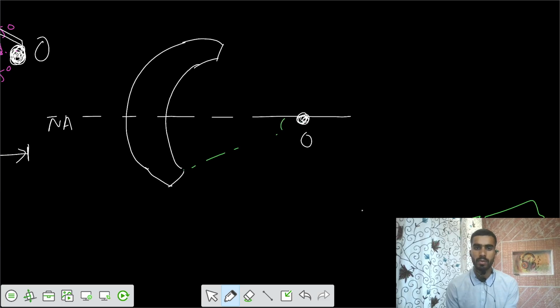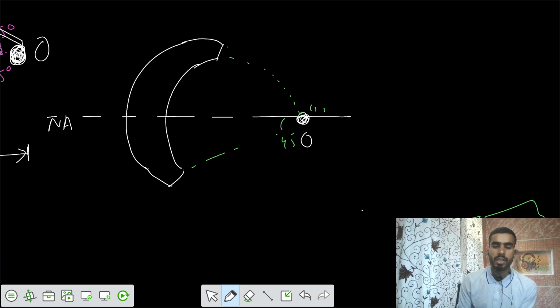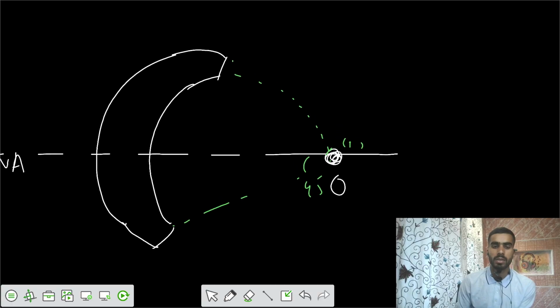This is 45, and similarly from this side we have 45. If I take any differential element, let's say I take an element of area equal to dA. That equals to, let's make it in a straight line.